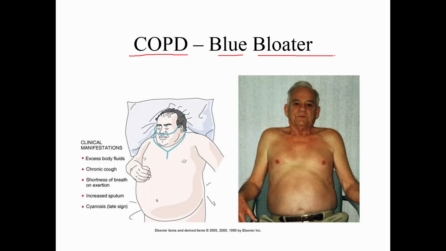What the heck is going on? Well, they have reduced PO2s. They're breathing more, and they're working harder, and they're feeling shortness of breath, and they just can't work hard enough to get a normal PO2 and a normal PCO2.